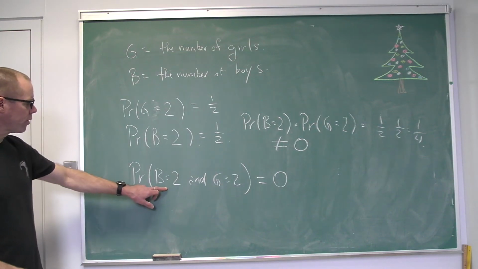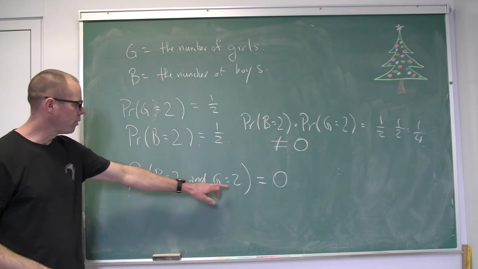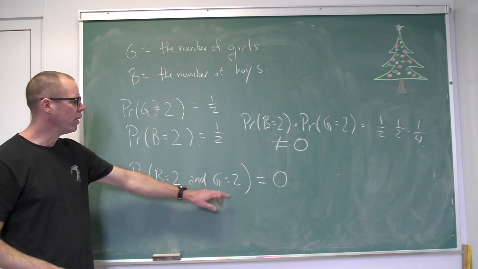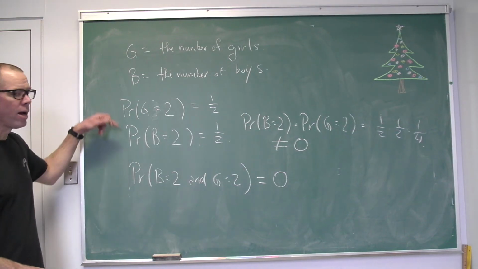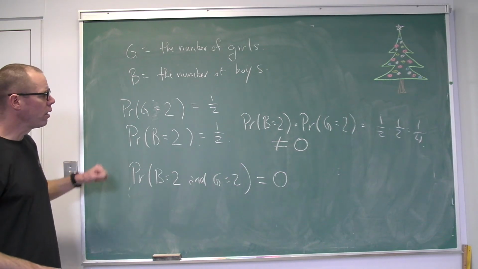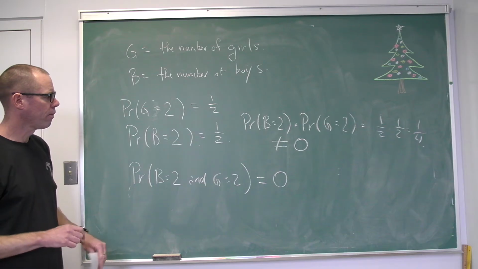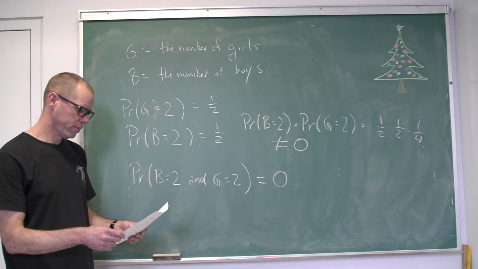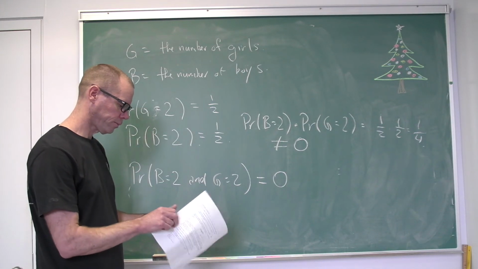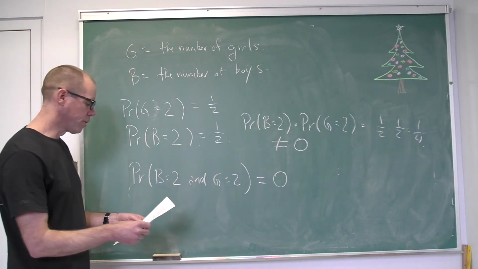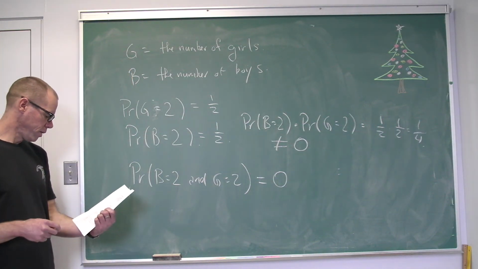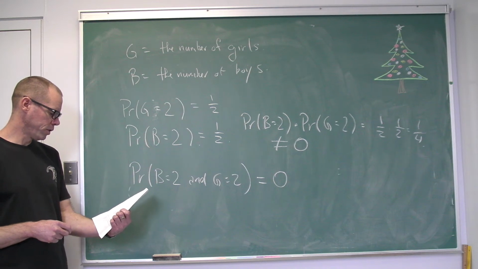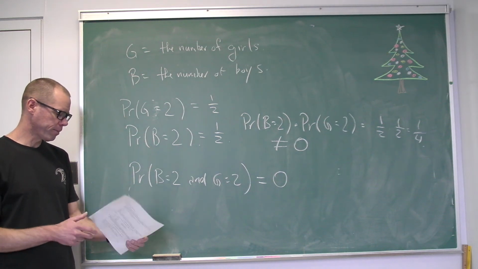So it's not equal to the probability that the number of boys equals 2 and the number of girls equals 2. Therefore, these 2 random variables, B and G, are not independent. Okay. So that was question 22. The answer is B, the random variables G and B are not independent.